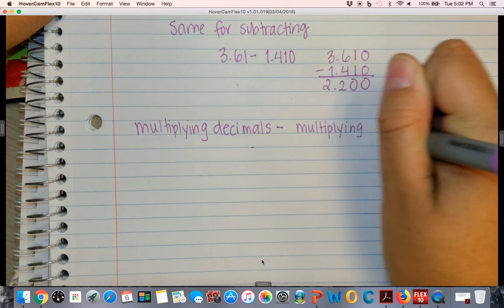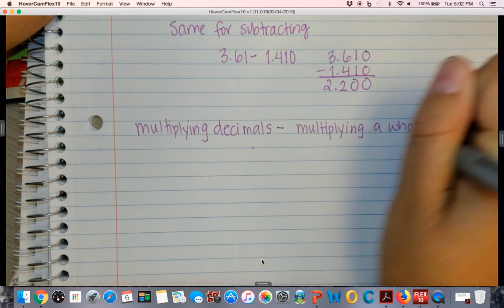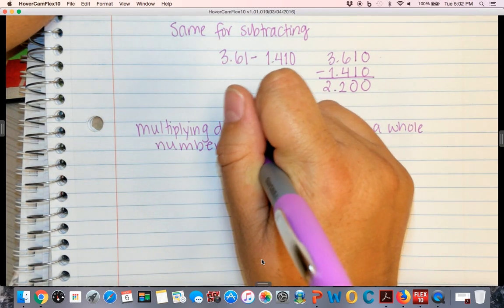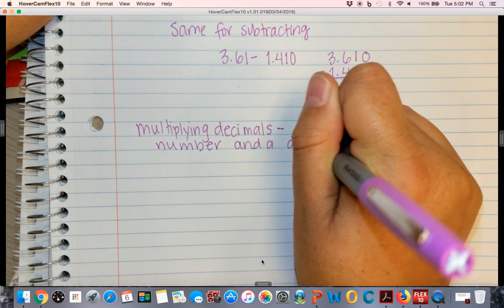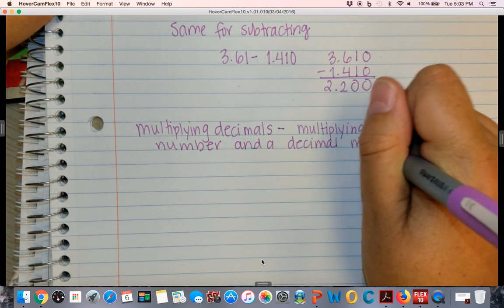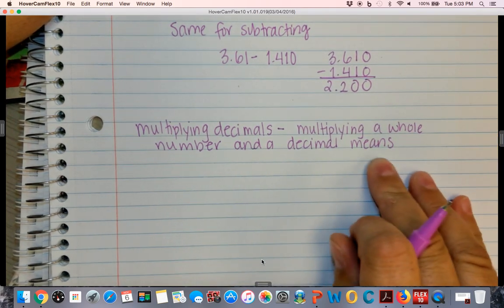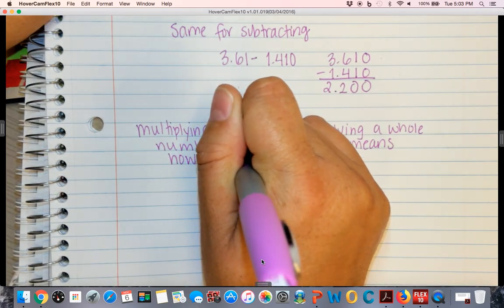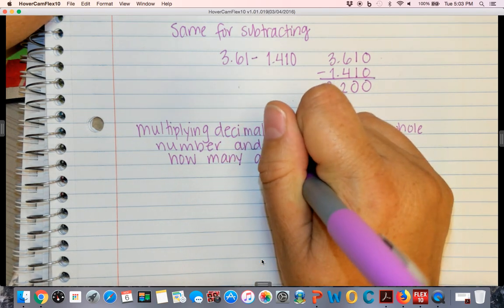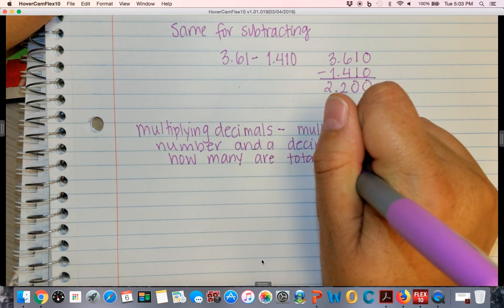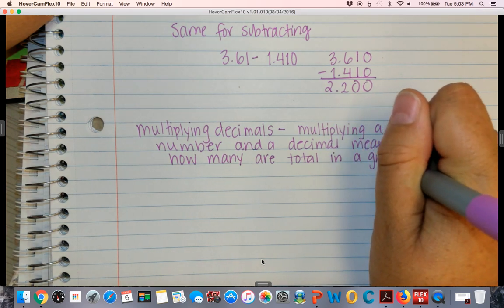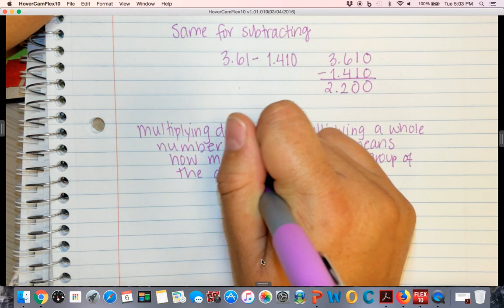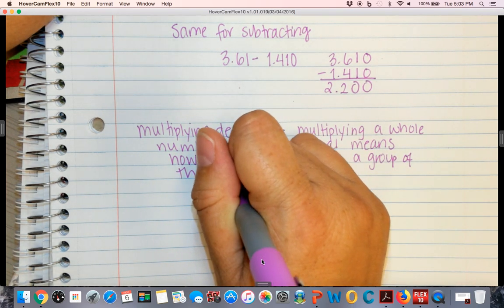All right. Multiplying a whole number and a decimal means, remember we're looking for that meaning, how many are total in a group of the decimal, just like the same with a fraction.